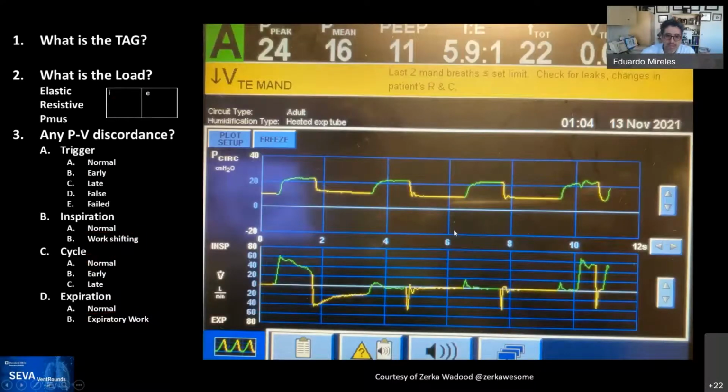Alrighty. So you can take a look at this. This was a really nice waveform that was sent courtesy of Serka Wadud, who's a fellow. She sent me a bunch of them, but I chose these ones because I thought that they probably talked to us, breaths without air.